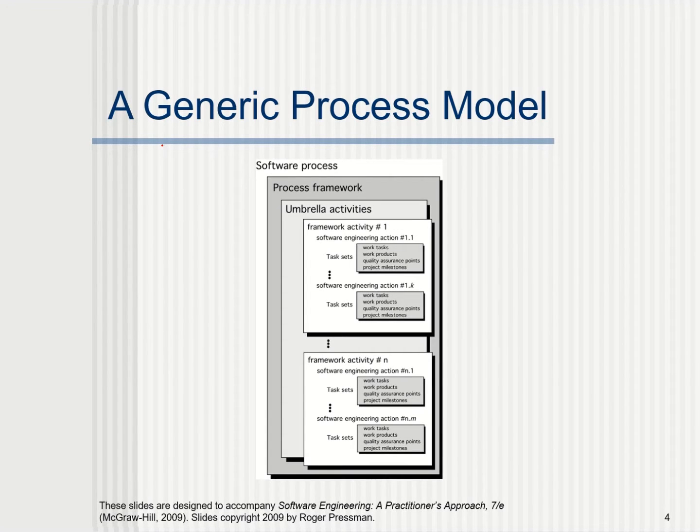So starting with our first topic, that is a generic process model, we can see here a pictorial representation of a software process. Let us know the hierarchy given in this diagram. First, we have a software process model window.